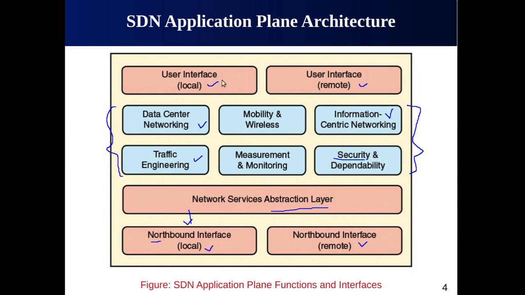If the user is using the same machine or server, for example the server's keyboard and monitor, then that is an example of a local interface. But if the user logs in to the application server from a remote area by using a communication network facility, then that is an example of a remote user interface.